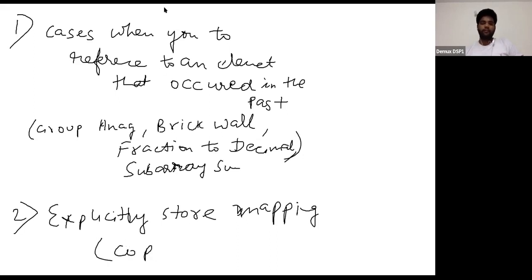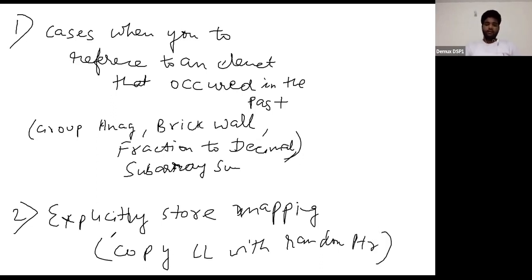Making a deep copy of a linked list with random pointer. We saw that we basically have to do nothing but store a mapping from the old list to the new list, and that is what we use in order to make a deep copy of the list, right?